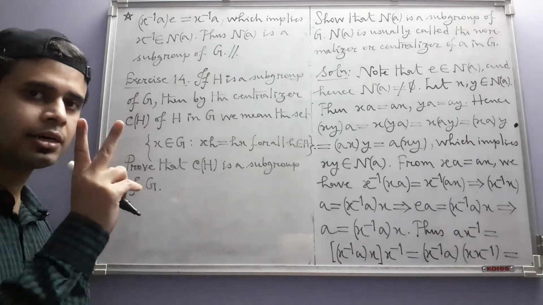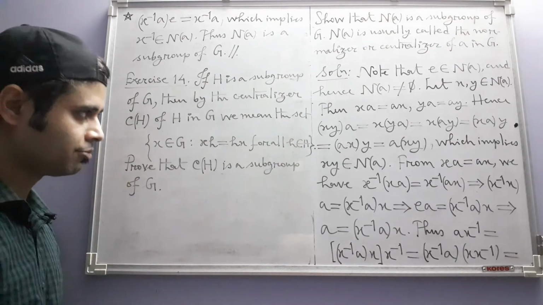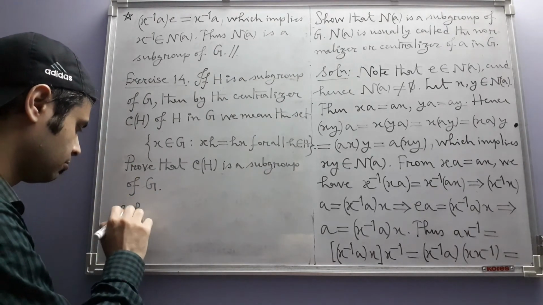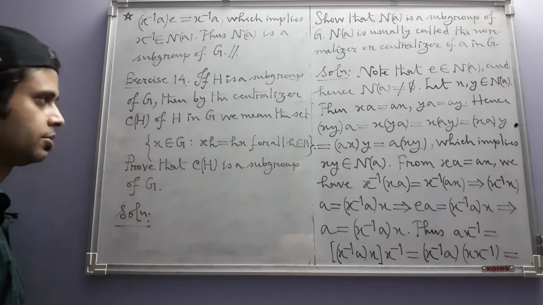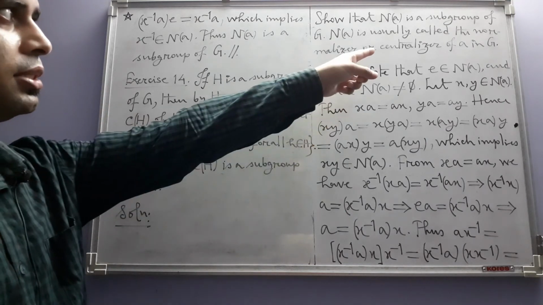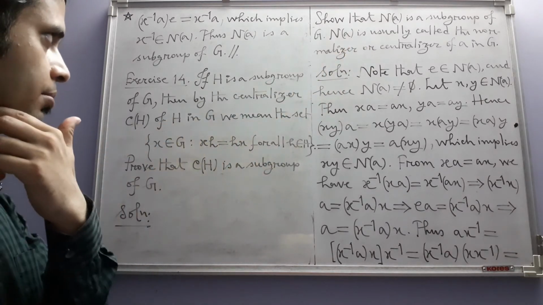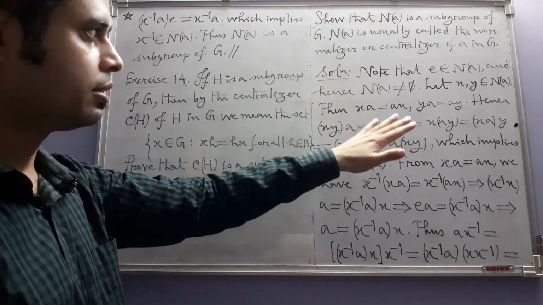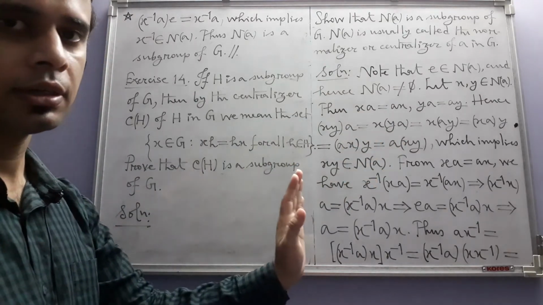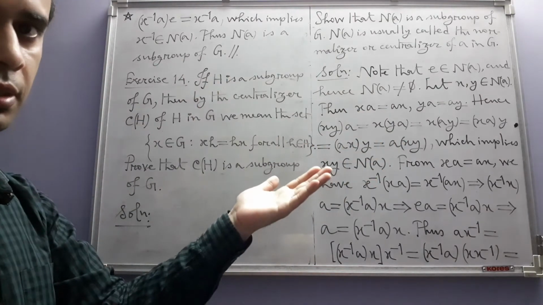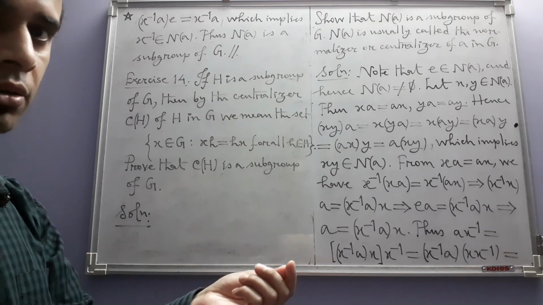There are two different ways of solving this one. Note the distinction between centralizer of a single element and centralizer of a subgroup. Centralizer of a single element is the set of those elements that commute with that particular element.